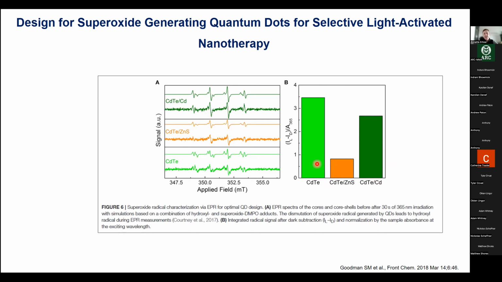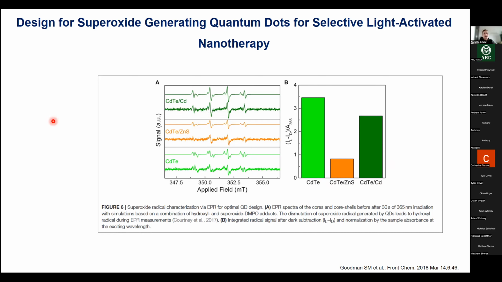And the hope is that this, at some point down the line, could be used as an alternative to antibiotics, trying to tackle antibiotic-resistant bacteria on surface-exposed wounds, for example, on your skin.